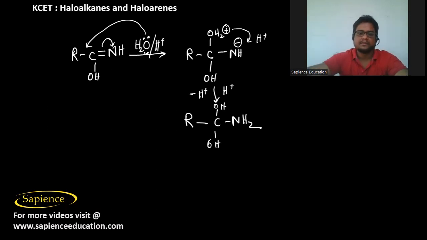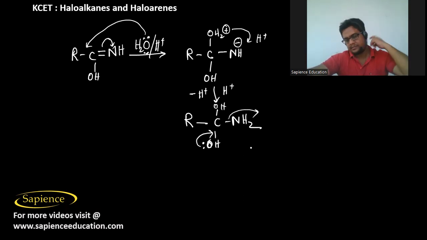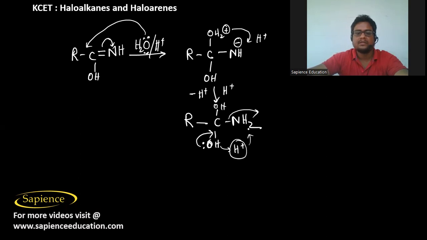And then the lone pair on the oxygen atom will come here, and the NH2 group will be removed in the form of NH3, since the H plus ion will come out and link with the NH2 group. Then it will form RCOOH plus NH3.